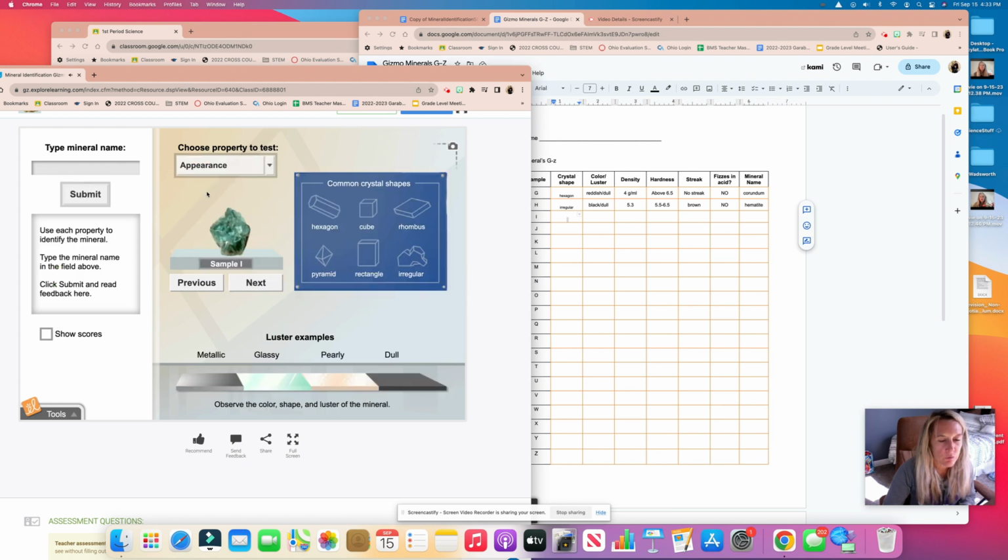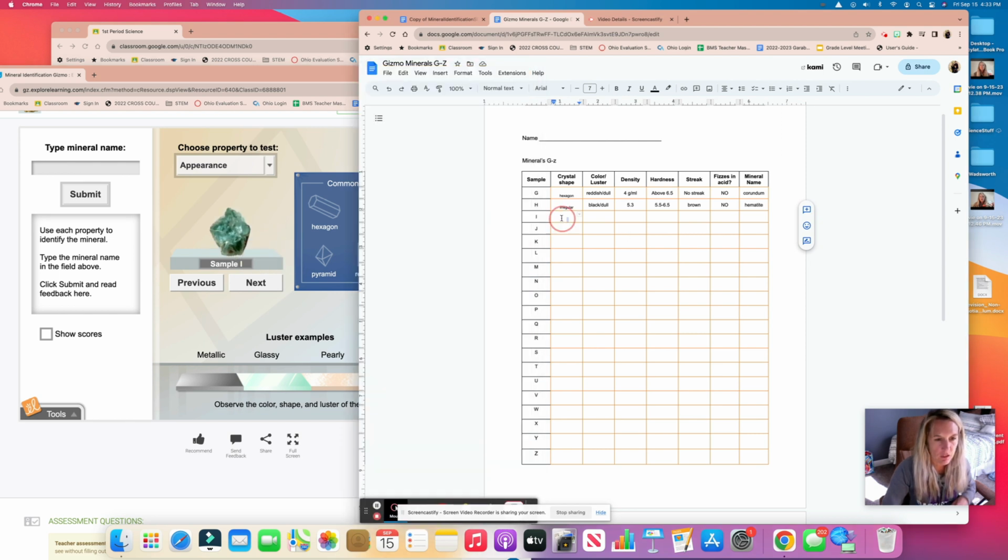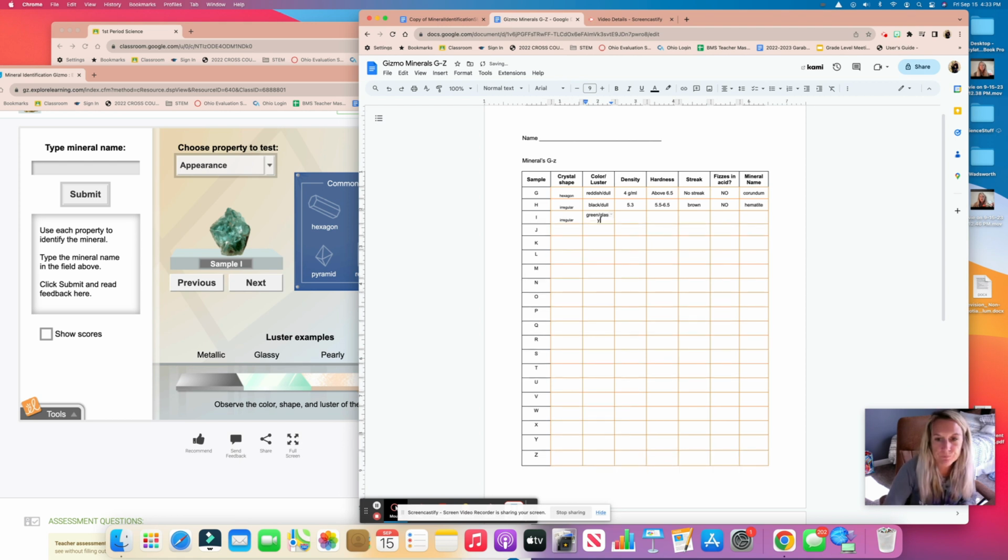All right, starting with appearance. So I. First, the crystal structure would be irregular again. It's kind of like a weird thing going on. Color is greenish. I would say that's kind of a glassy luster. So I would say green and glassy.